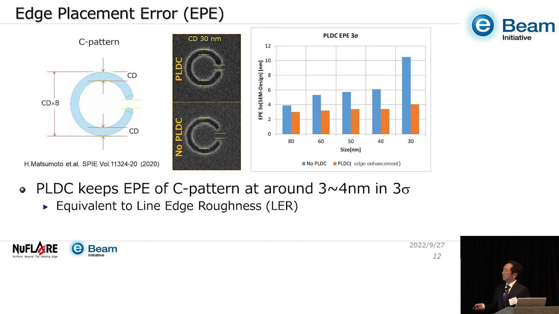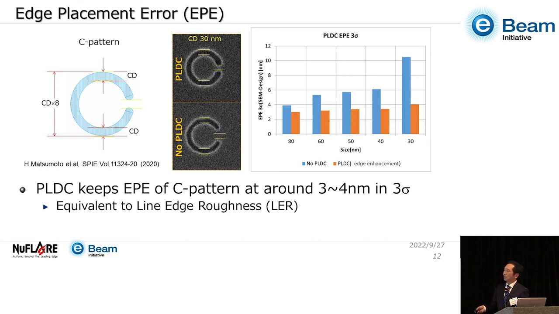But with PLDC, it can keep a relatively constant EPE within the edge roughness margin. But this result is also questionable, because if you adjust each condition to print, then maybe no PLDC can get this level of EPE accuracy.